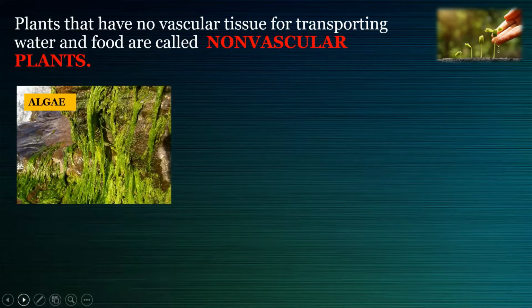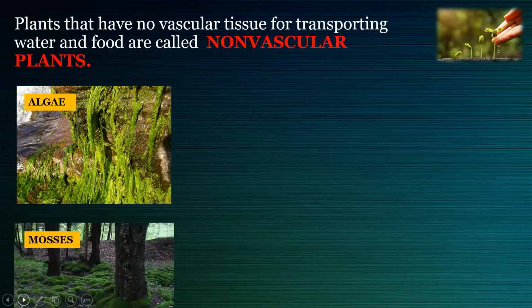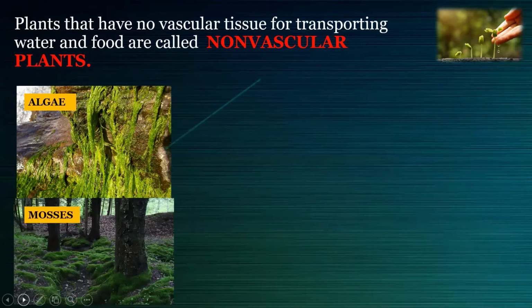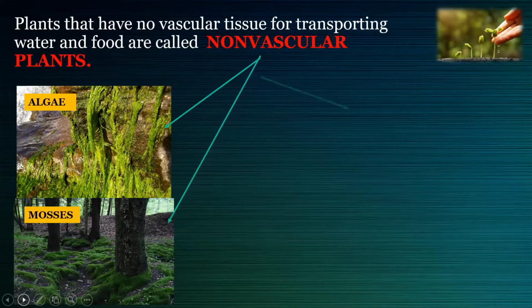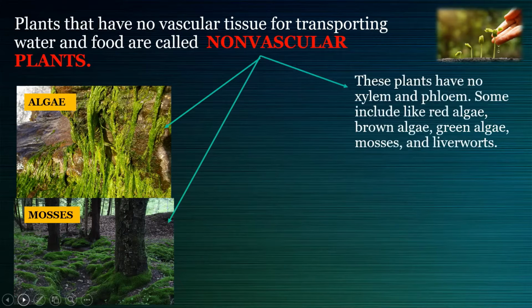These are examples of algae and mosses under the non-vascular plants. These plants have no xylem and phloem. They include red algae, brown algae, green algae, mosses, and liverworts. These plants are called non-vascular plants.